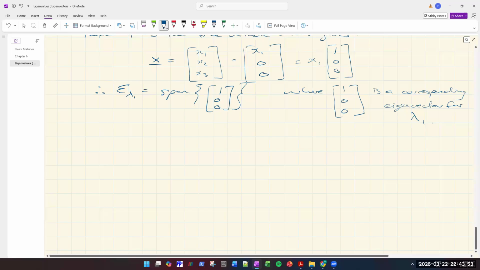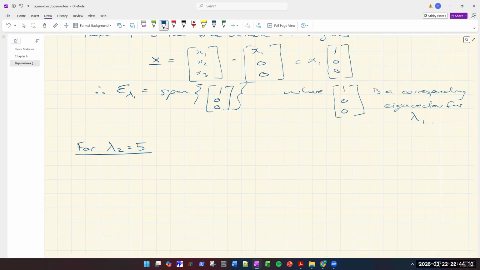The interesting case is the second one, which is for lambda 2 equals 5. Remember, we are expecting either geometric multiplicity 1 or 2, so either one free variable or two free variables.